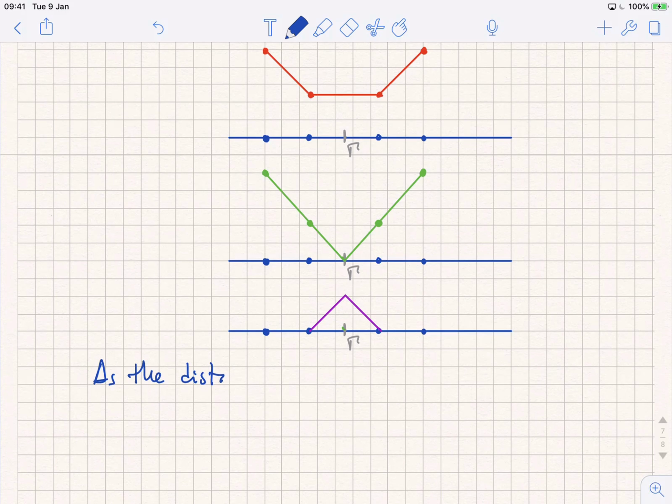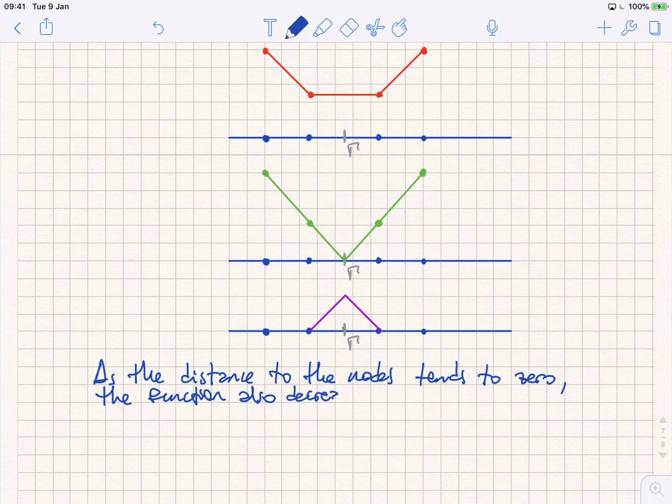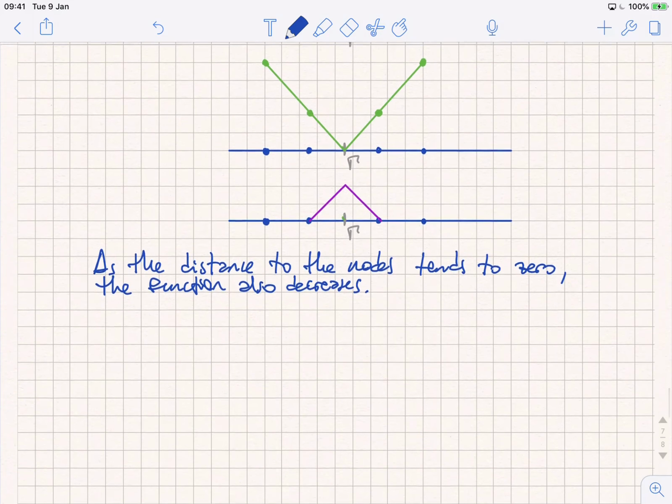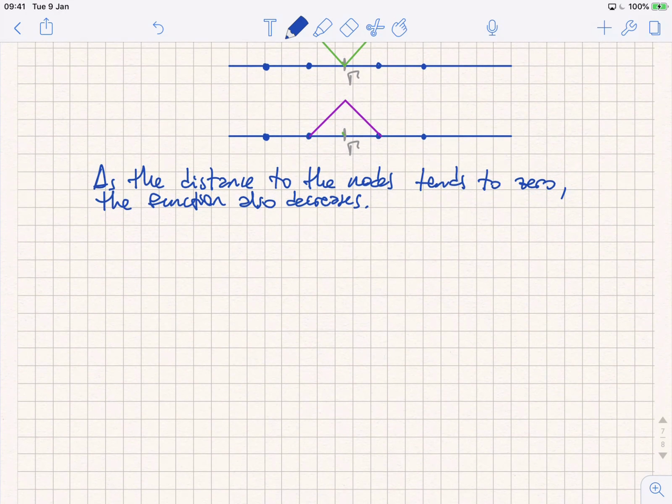Distance to the nodes tends to 0, yeah? The function also decreases. Yeah, just to complete. So it has a nice behavior.